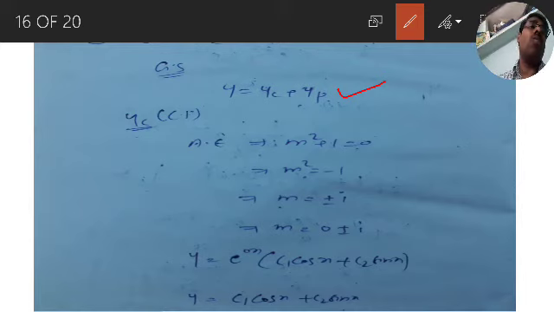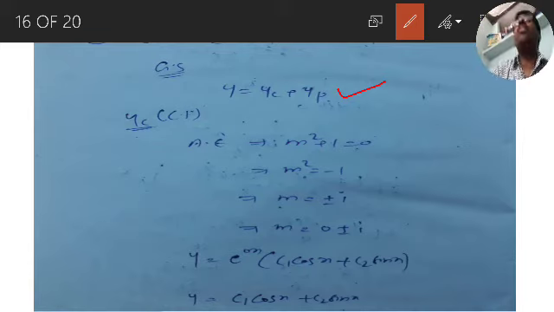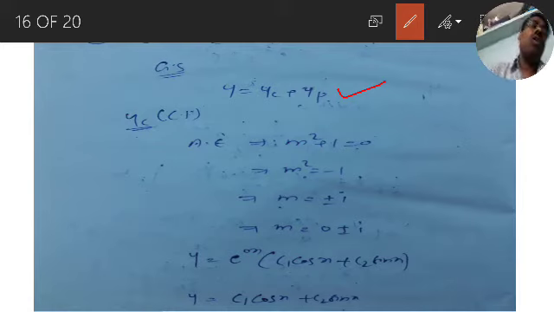For a given non-homogeneous differential equation, take the right hand side 0, then it becomes the corresponding homogeneous equation. For that homogeneous equation, find the general solution, that is our yc, the complementary function. So let us find yc.